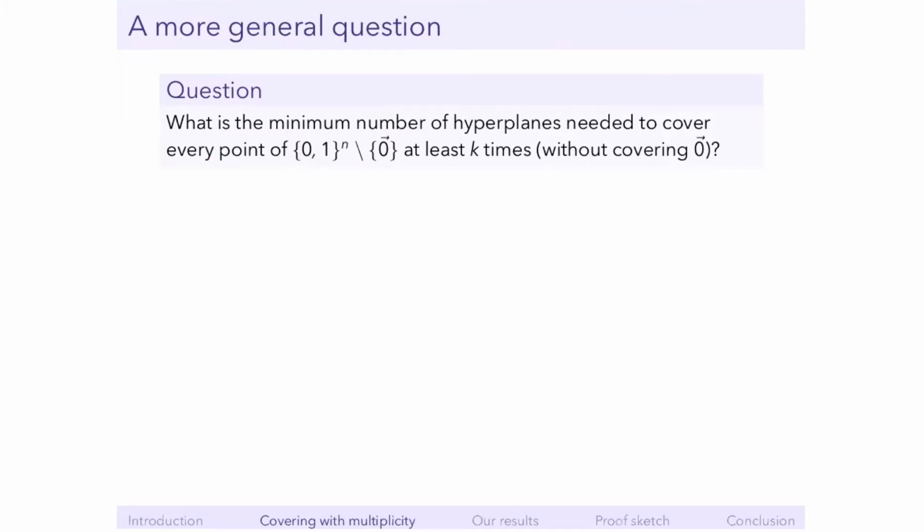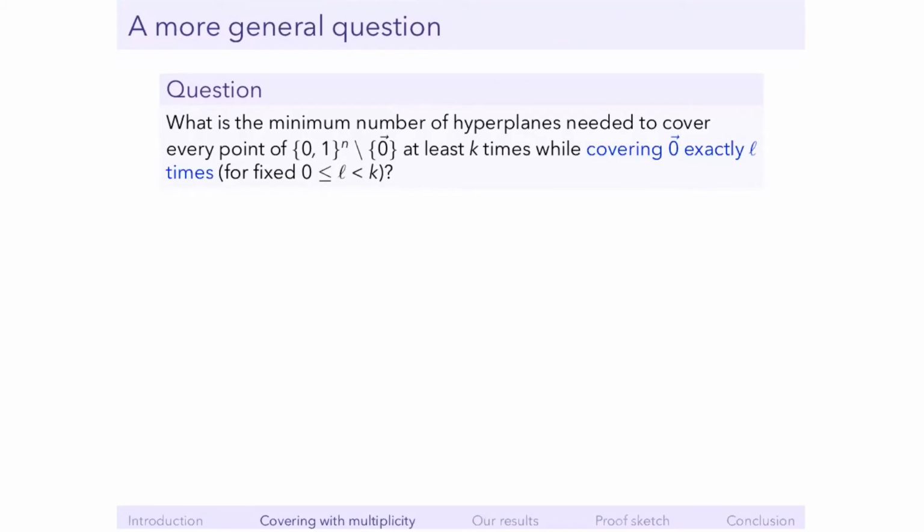So the question I've been considering up to now is, what if I want to cover every vertex at least k times with a hyperplane while not covering the origin at all? But the more general question you could ask is, suppose I want to cover every vertex except for the origin at least k times while covering the origin exactly L times for some other parameter L. In the original Alon-Füredi question, these are equivalent because if I want to cover every vertex except for the origin at least once, and I want to cover the origin less than that, I only have one option, which is not covering it at all.